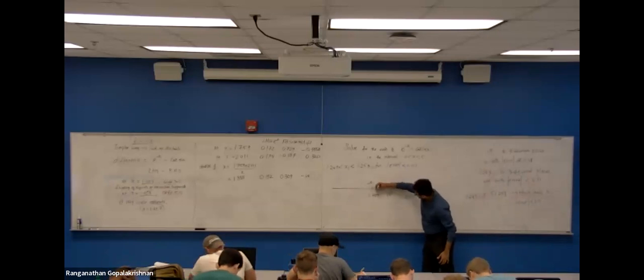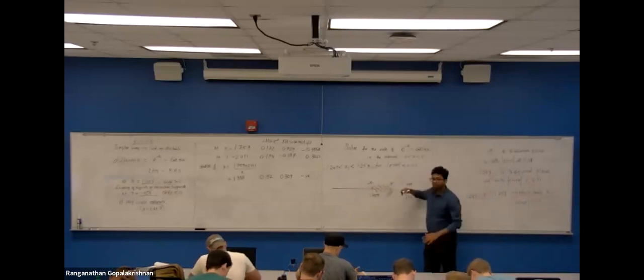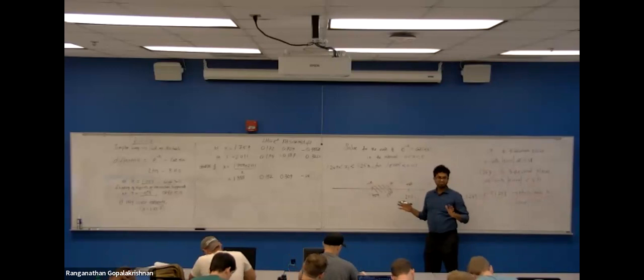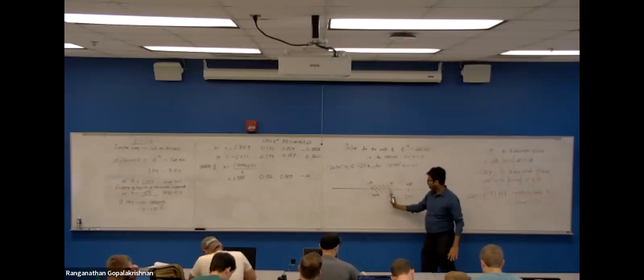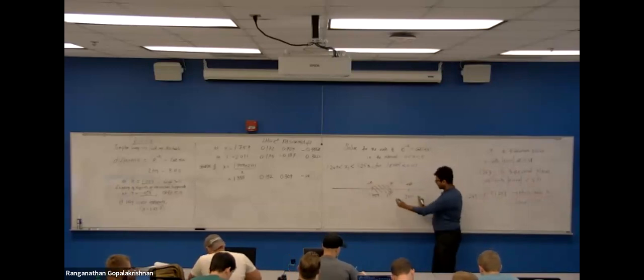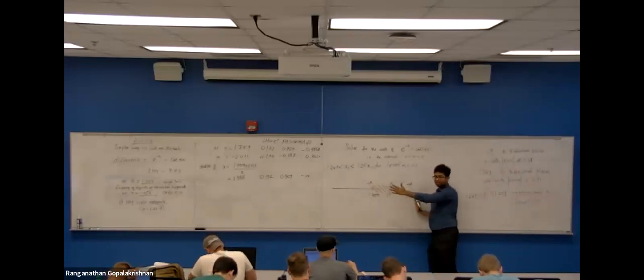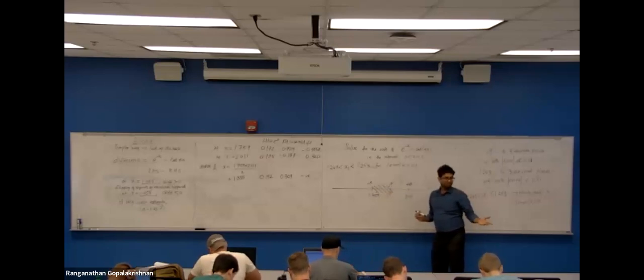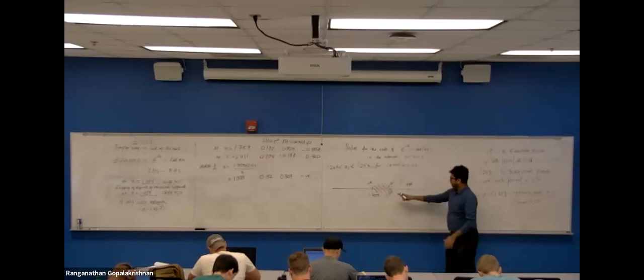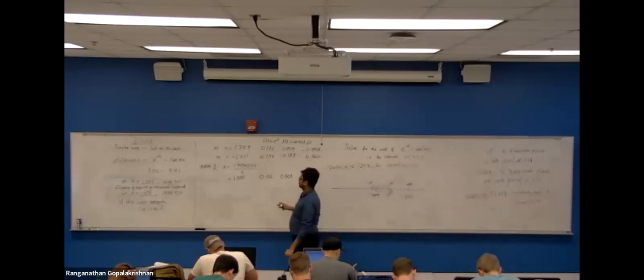It means this range is no longer in play. You can forget about anything below 1.885 because you have narrowed it down between 1.885 and 2.011. So no, the root cannot be here. If your final answer somehow happens to be here, something went wrong. All right, between 1.885 and 2.011, there has to be a root.